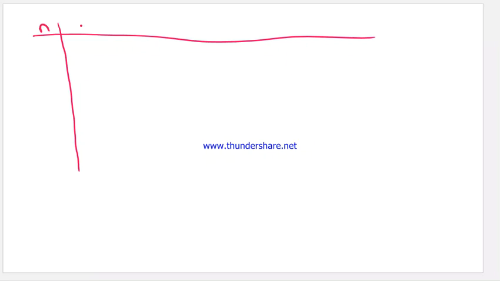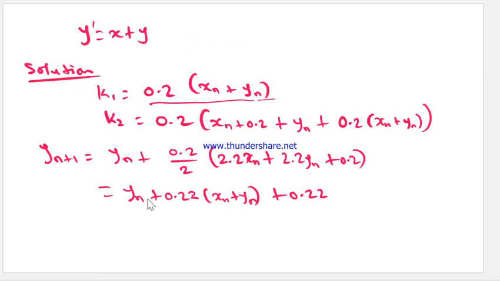So when we apply the same procedure as in Euler, we are going to have something like this. Our n, xn, and yn. So remember, this is 0, 0, 0. So if we get this one, which is 0.2 in this case, our y1 will be, remember the formula, yn plus 0.22 stuff.